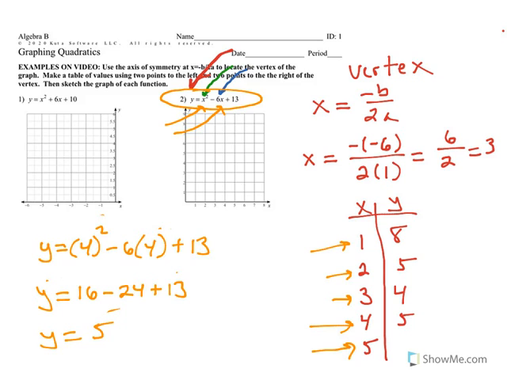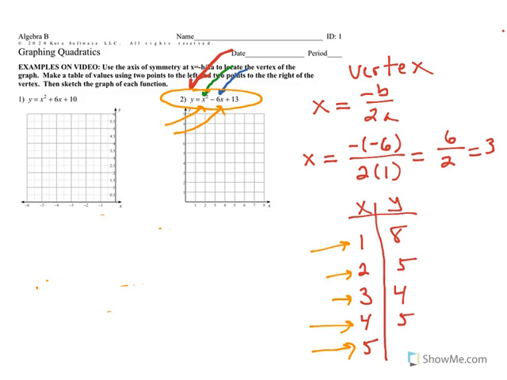We'll do where x is 5. So y equals x squared, and the x is 5 in this case, minus 6 times 5 plus 13. 5 squared should be 25, minus 6 times 5, which is 30, plus the 13.